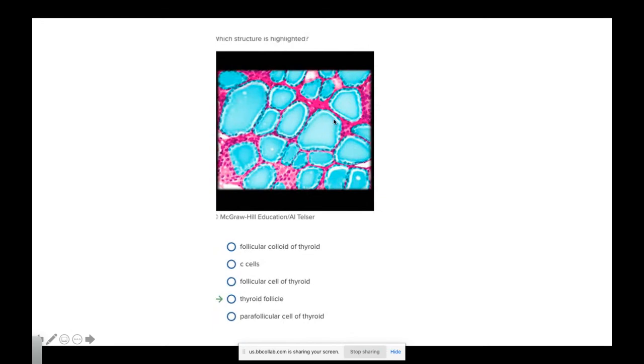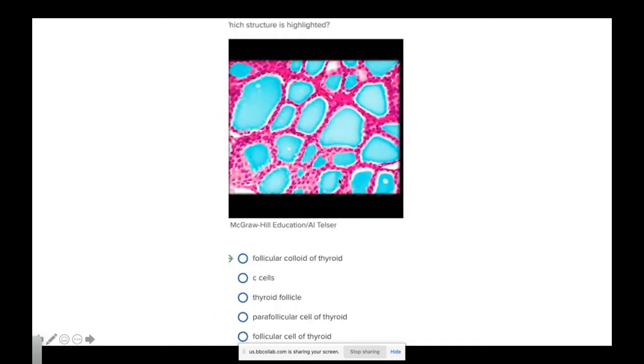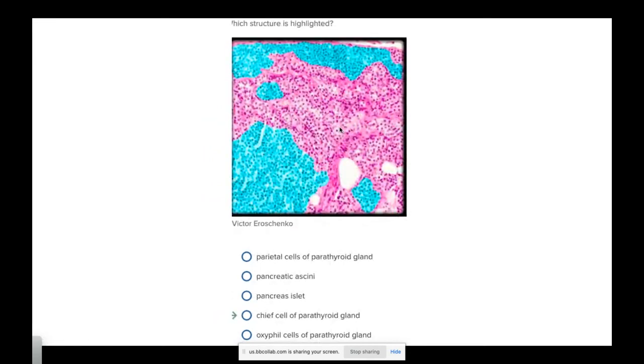This entire thing that's highlighted in blue, all of these are follicles or thyroid follicles. Here, the fluid, the blue stuff on the inside, this is the follicular colloid of the thyroid.